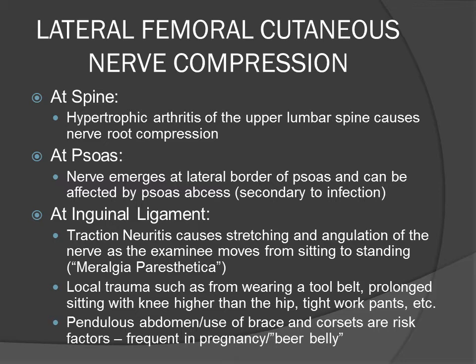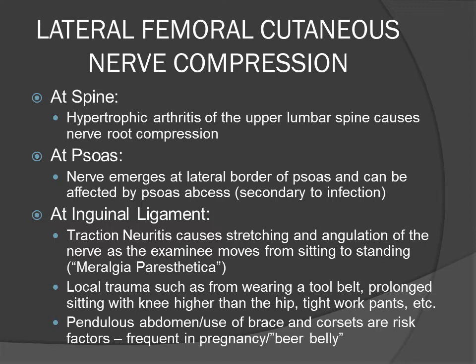Now, also, because the nerve is superficial as it emerges underneath the inguinal ligament, local trauma in this area, such as from wearing a tool belt, such as from sitting with the knee higher than the hip, such as wearing tight work pants that grip tightly around the anterior superior iliac spine.